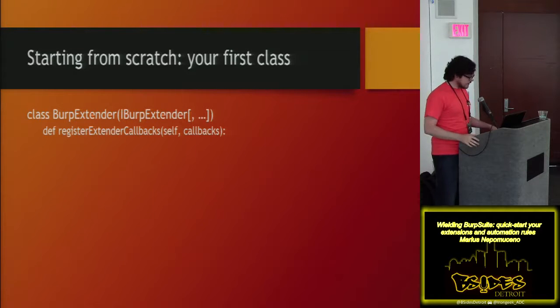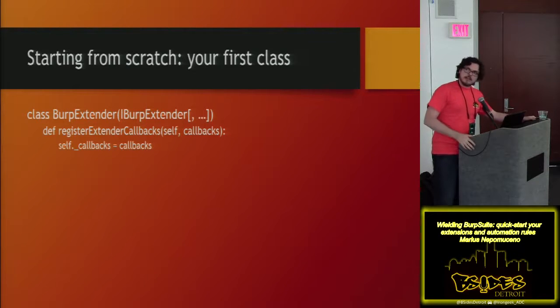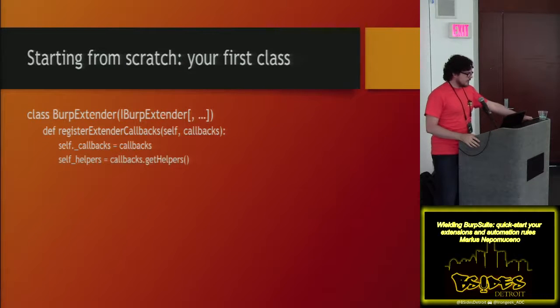So don't stray from the nomenclature too much. self._callbacks, just to declare a local copy of our variable, equals the callbacks that will be passed in. self._helpers, oh, I left out a dot. I'll have to fix that. self._helpers, just to declare a local helpers variable, will be callbacks.getHelpers(). And that method is documented in the API and everything. But I don't want to get ahead of myself. We will talk about callbacks and helpers in a bit.